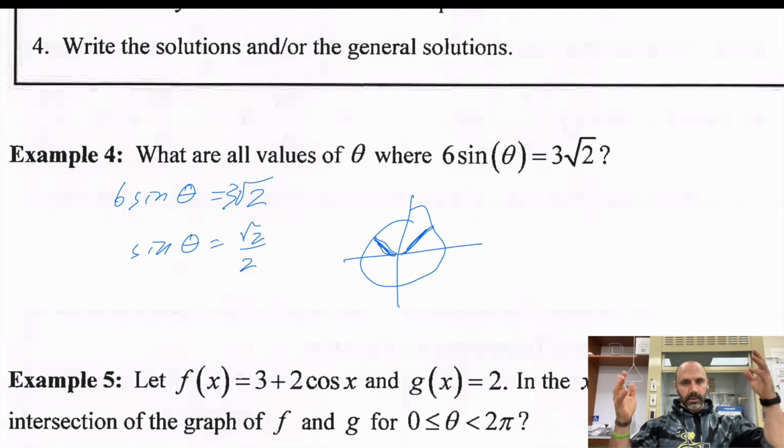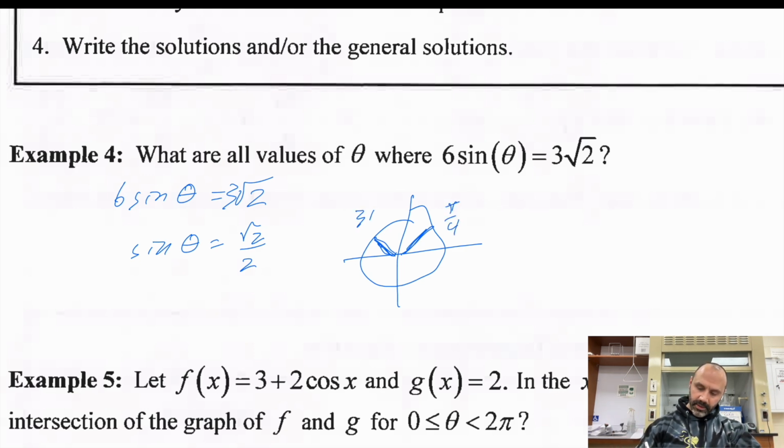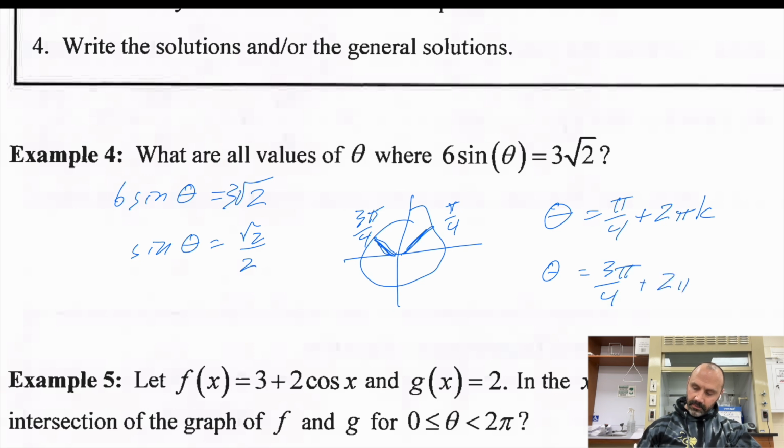Root 2 over 2, I think about pi over 4, and then over here is 3 pi over 4. So we have theta here. Theta equals pi over 4 plus 2 pi k. Theta also equals 3 pi over 4 plus 2 pi k.